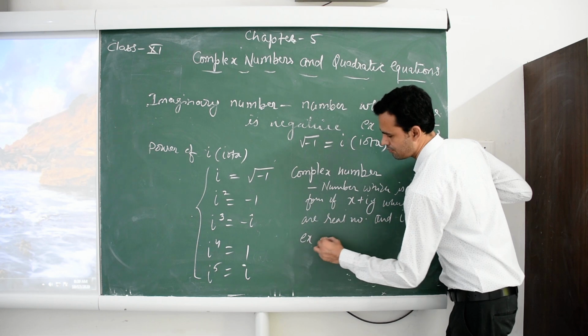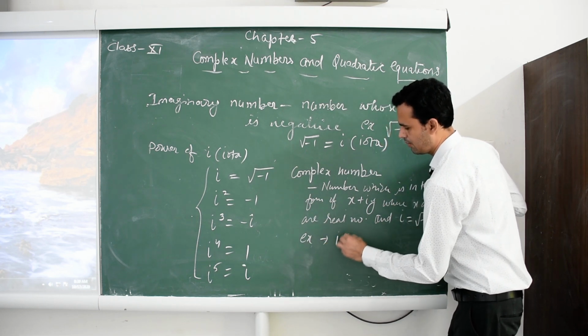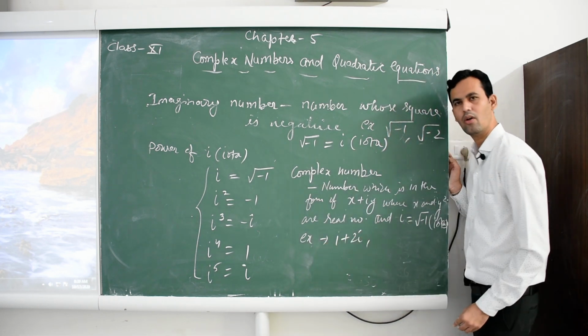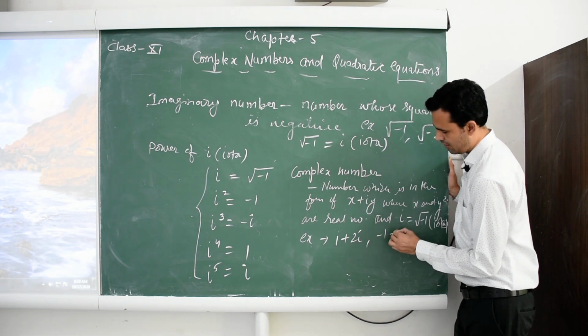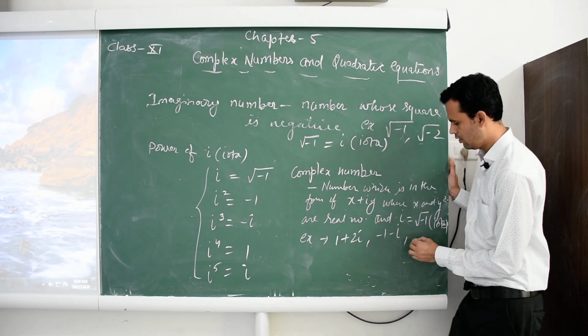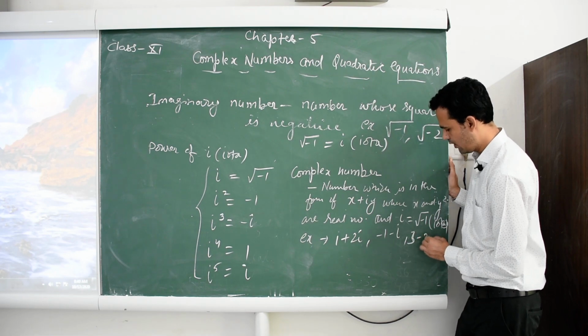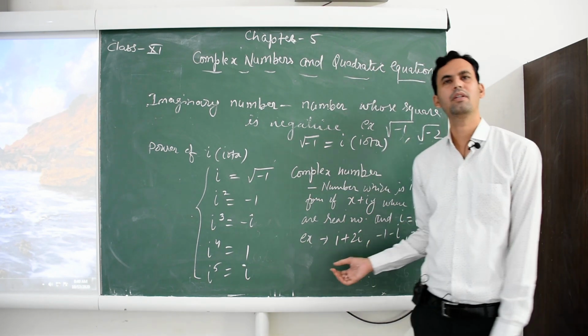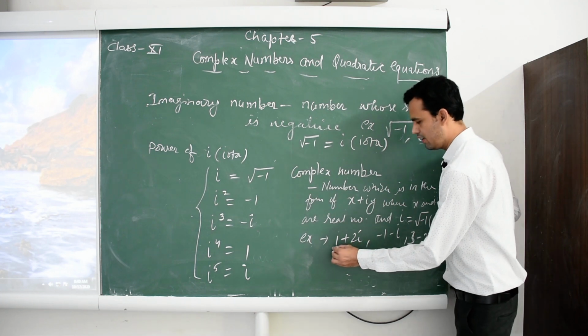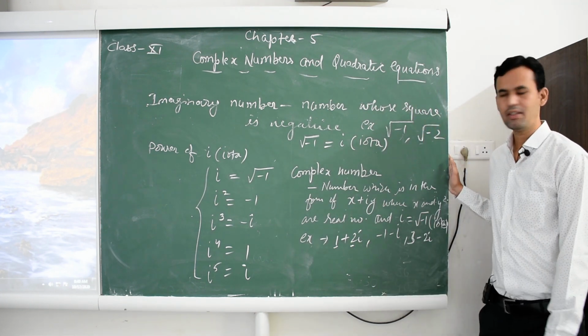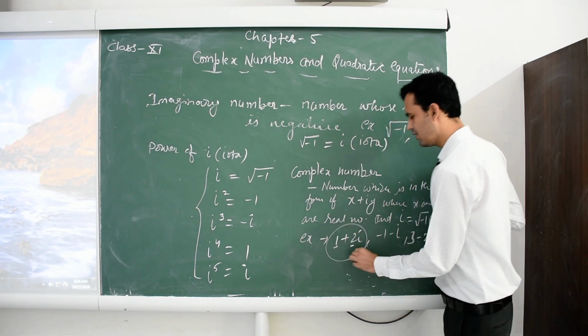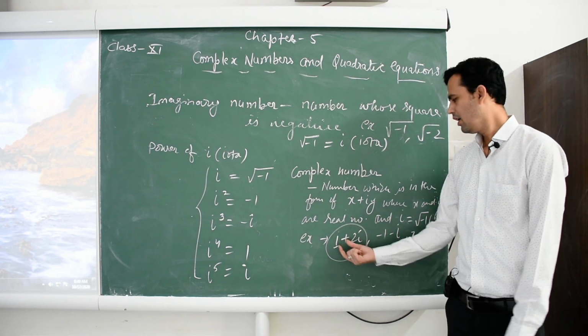Examples: 1 plus 2i, -1 minus I, or 3 minus 2i. These are examples of complex numbers in which 1 and 2 are real numbers, and the full term is known as a complex number.